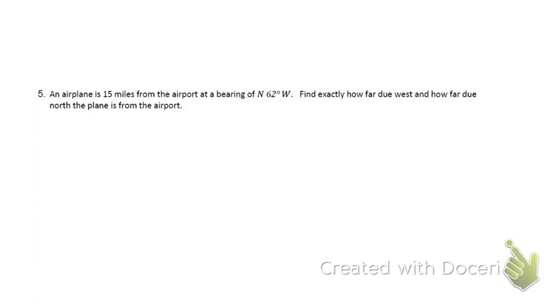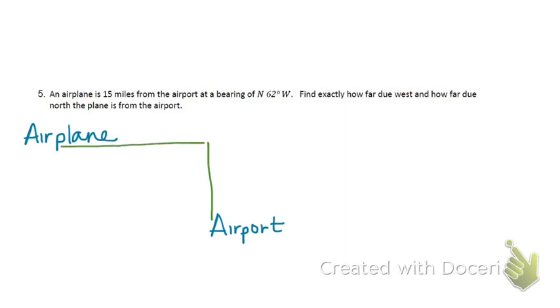So the airplane, in relationship to the airport, is 15 miles from the airport at a bearing of, so it's northwest from the airport. So northwest. And they gave us the bearing.